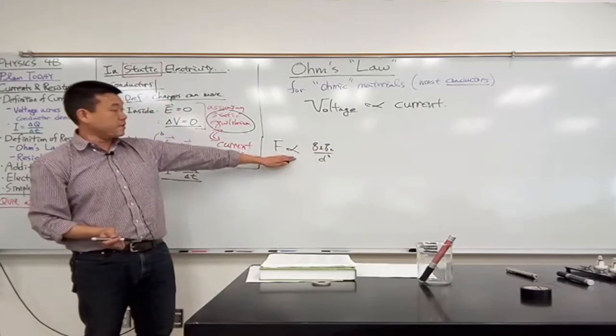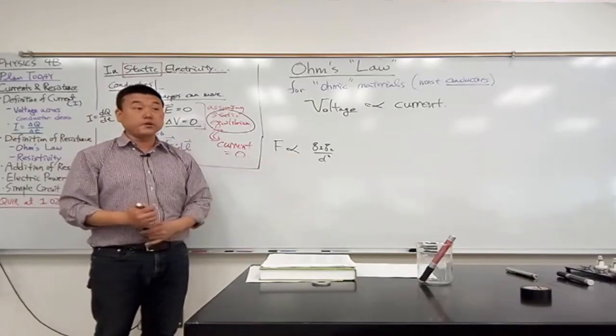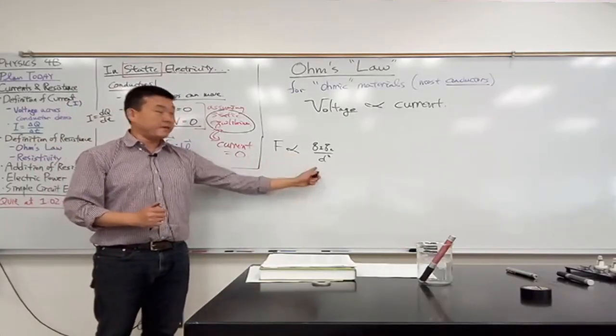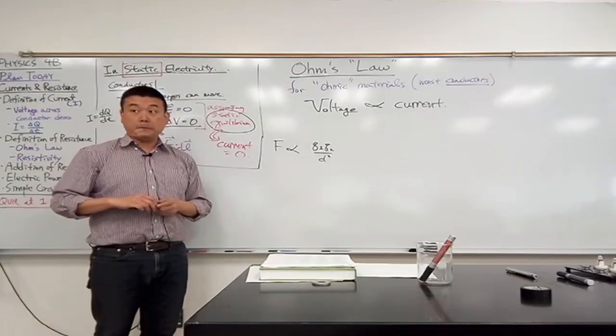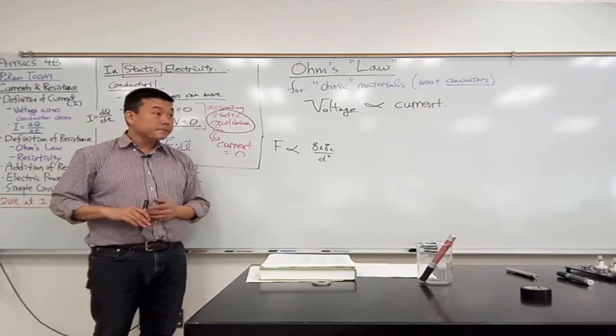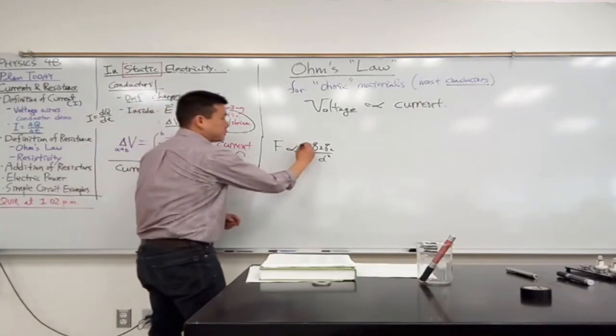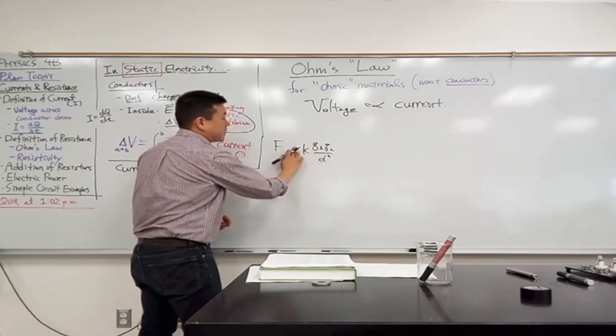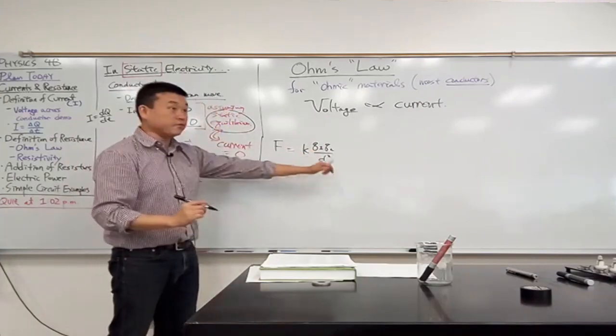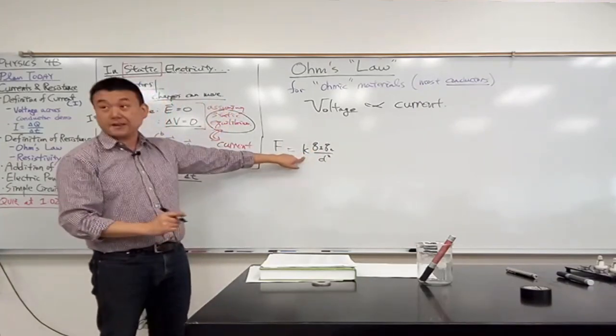We wanted to say it's equal. What did we do to make this relationship equal instead of just merely proportional? Yeah, we introduced a constant when we were dealing with electrostatics, so that we can say this is equal to this. And we'll determine the constant later.